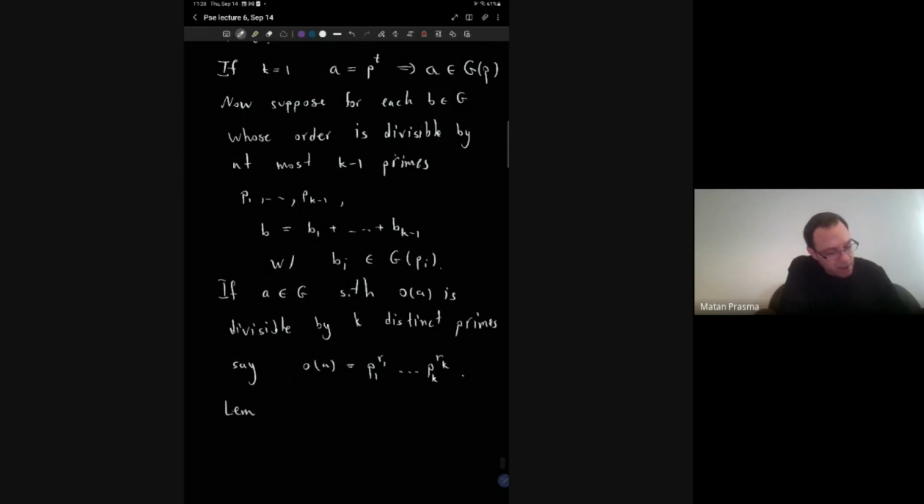Now I take M to be the tail of this decomposition, so P2 to the R2 up to PK to the RK. And N I take to be the head of this decomposition, so P1 to the R1.